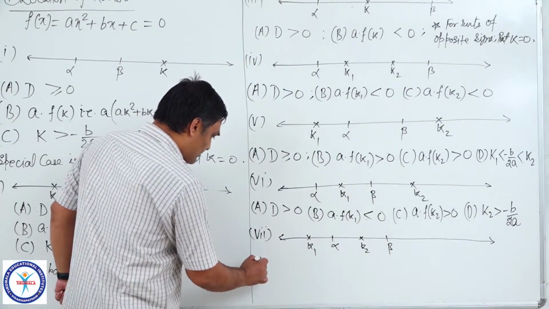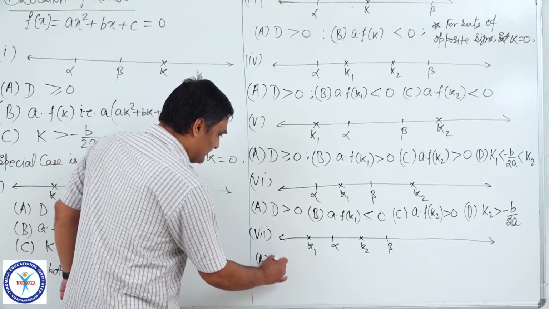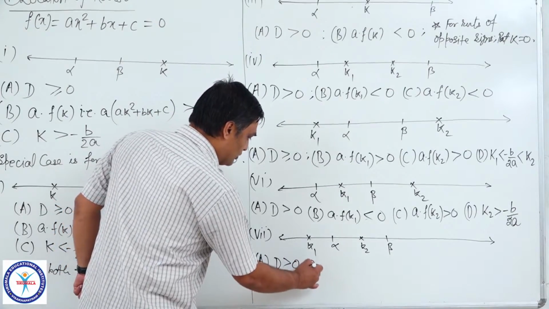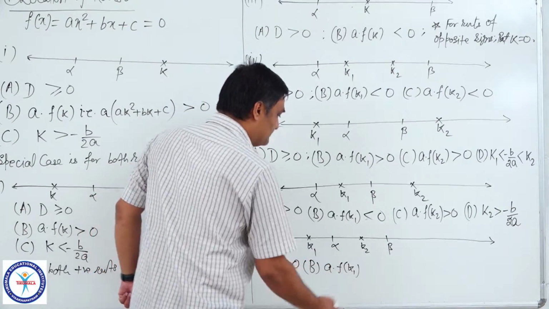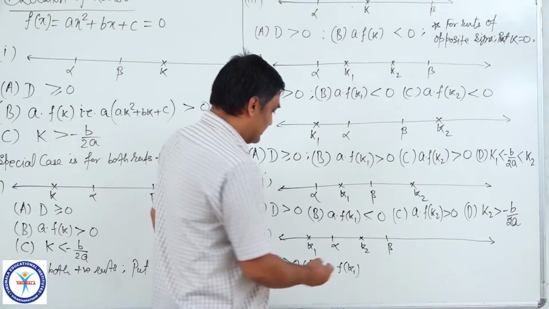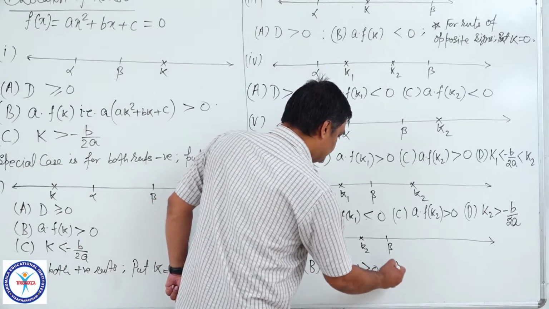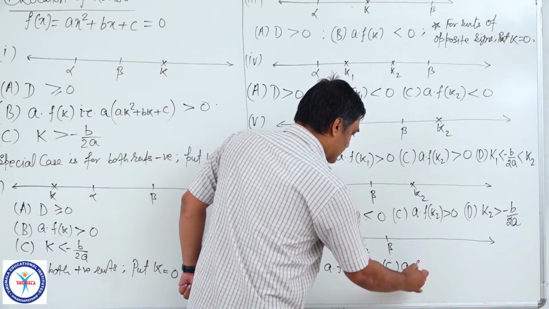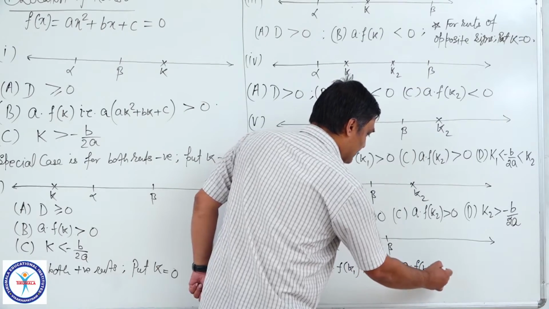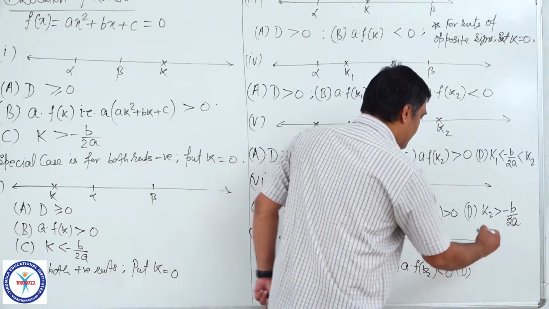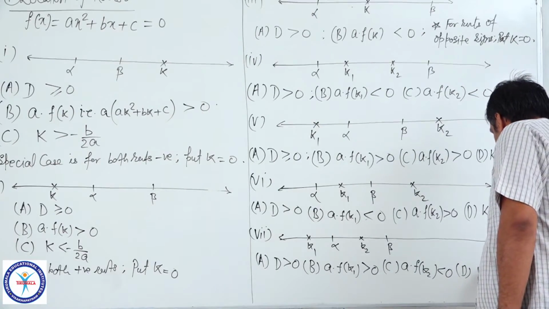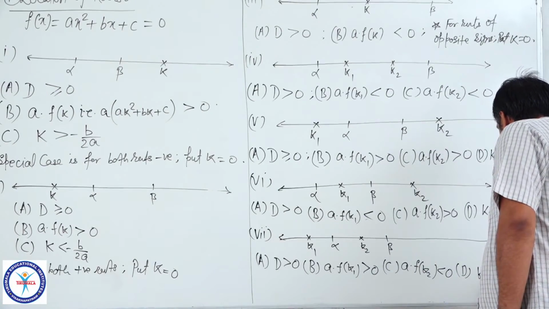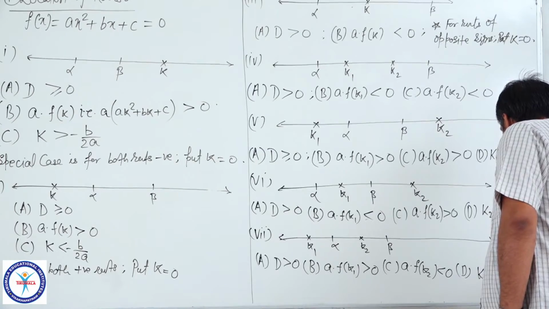So how to impose conditions? D greater than 0, a into f of k1, k1 is outside, greater than 0, a into f of k2 is inside, less than 0, and what about the minus b by 2a condition? k1 less than minus b by 2a.